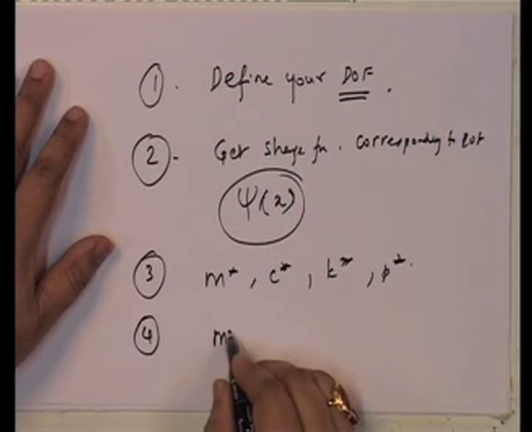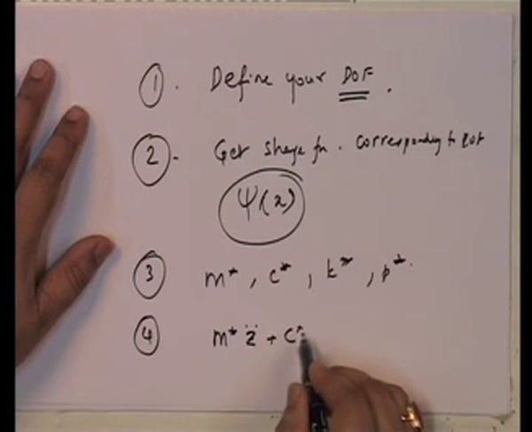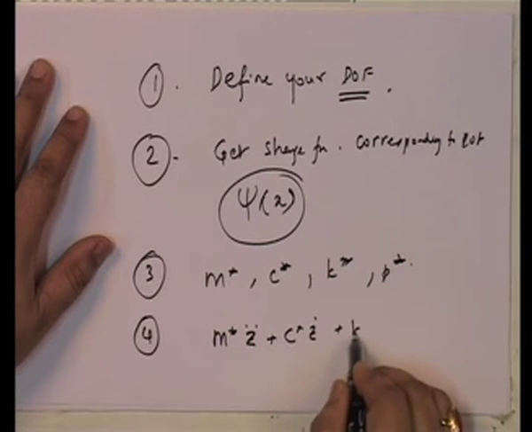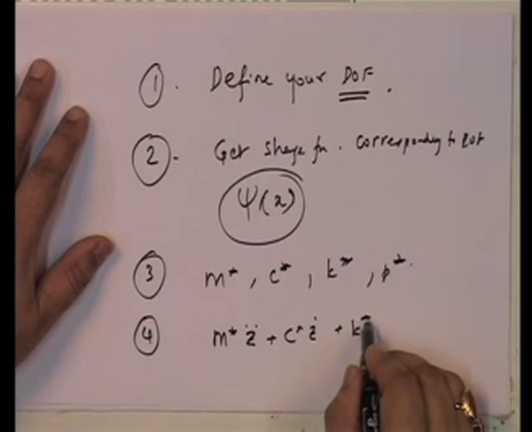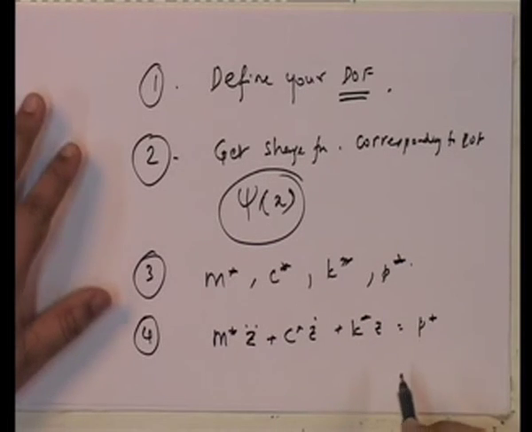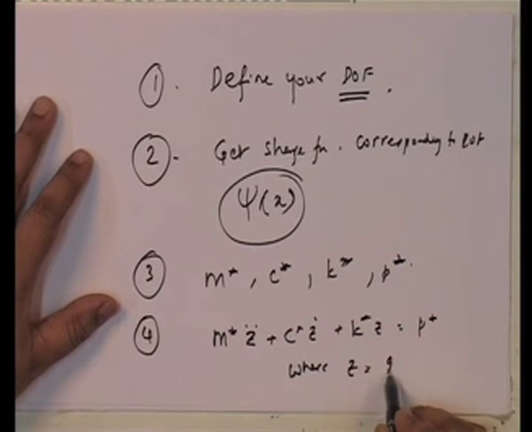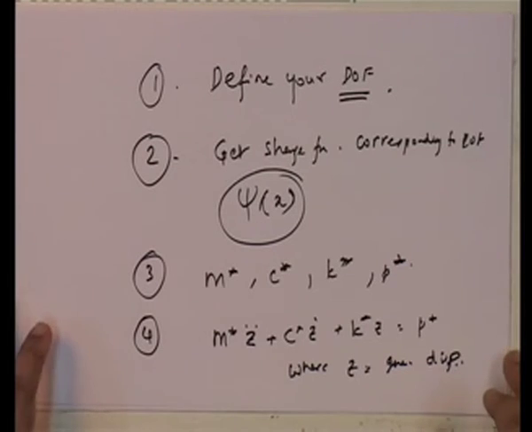So, what is the fourth? Well, now this becomes an equation where z is the generalized displacement.